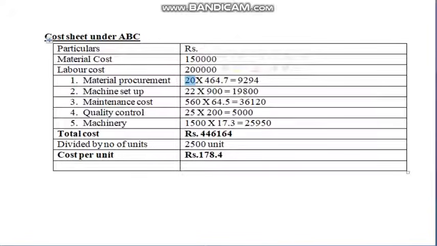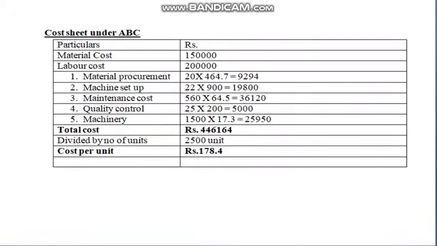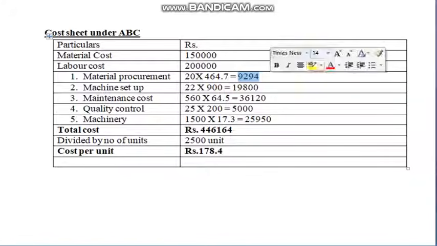And what's the cost per order? That we have calculated here. The cost per order is 464 rupees 70 paisa. So the cost of material procurement is 9,294 rupees.